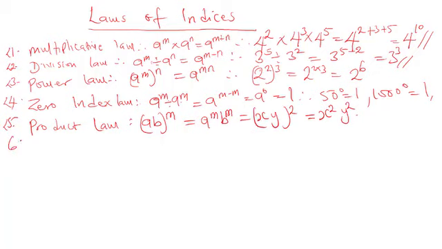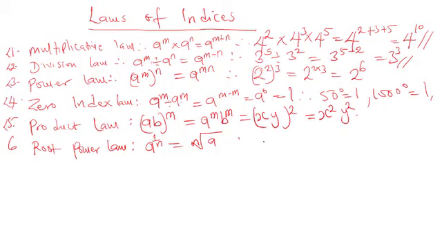Number 6, we'll be dealing with the root power law. The root power law states that if you have a raised to the power 1 over n, it's the same thing as the nth root of a.